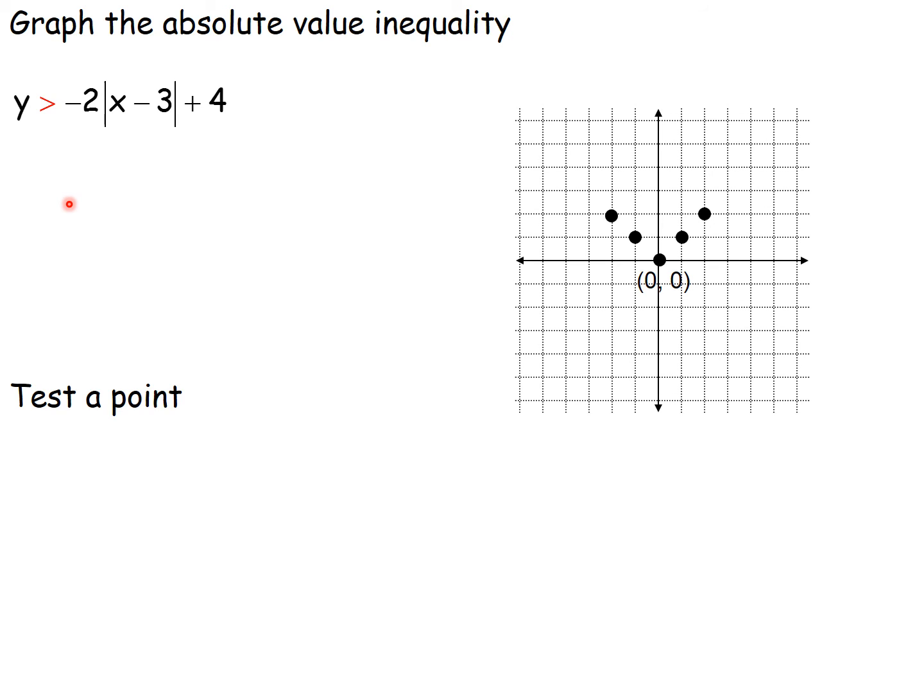If I apply my transformation rules, I see that I'm translating this graph 3 units to the right and 4 units up. It's also going to reflect across the x-axis and have a vertical dilation of 2. When I perform all those transformations, here is where the vertex, the top point of the graph, is going to be.